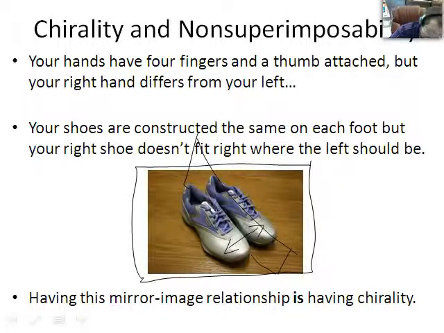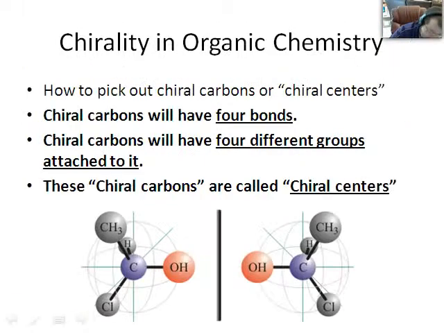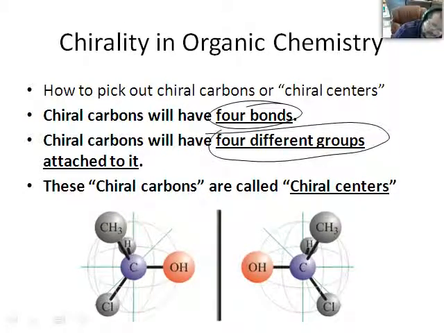Now in molecules, and specifically in organic molecules, you look for two different things to identify a chiral carbon, which you would look at an entire structure and pick out different carbons that might be chiral. If a molecule has a chiral center, we're going to take it to be a chiral molecule. It's going to have 4 bonds on a chiral carbon, and all 4 bonds have to be to different chemical groups.